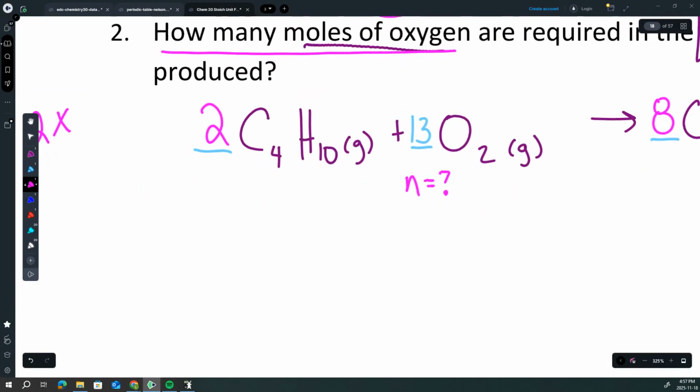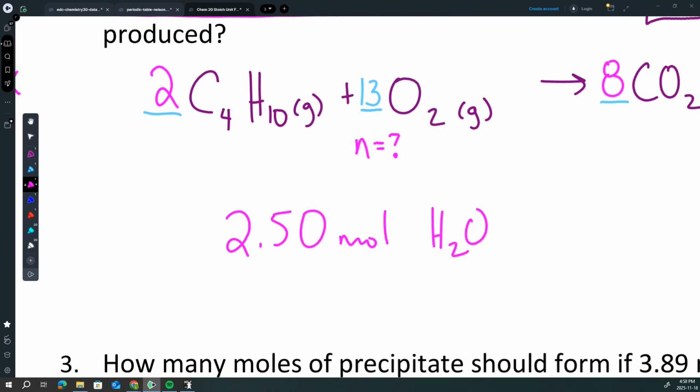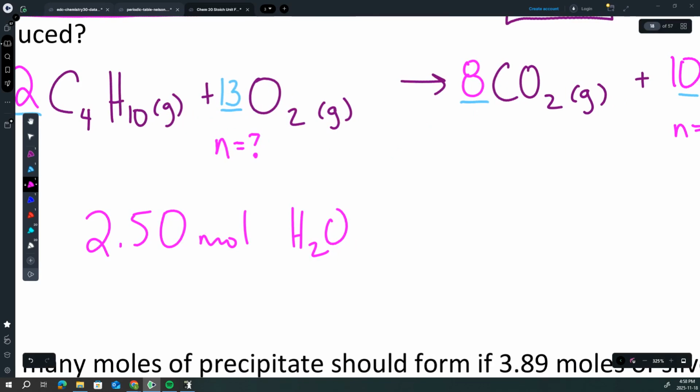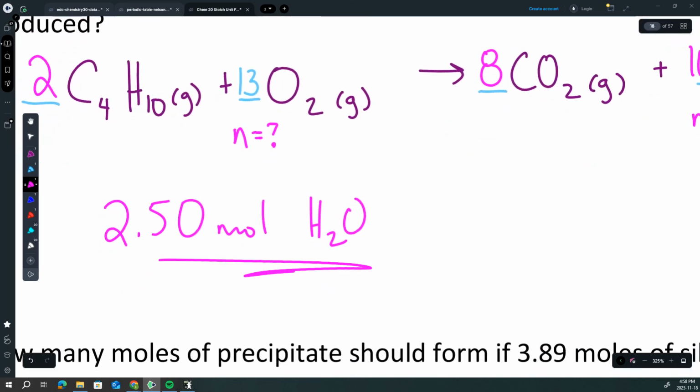Let's start with our given number, that's moles of water vapor. I'm not writing the state here just because this isn't part of the chemical reaction. You do need to write states in your chemical reaction, but not in the calculation part here.